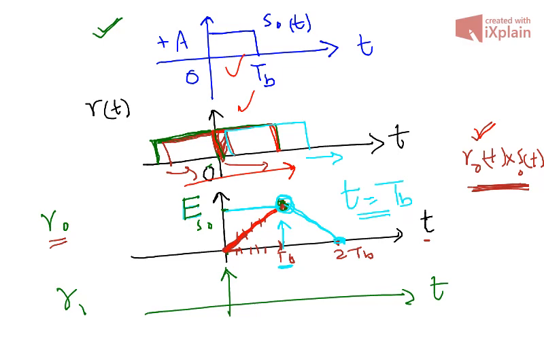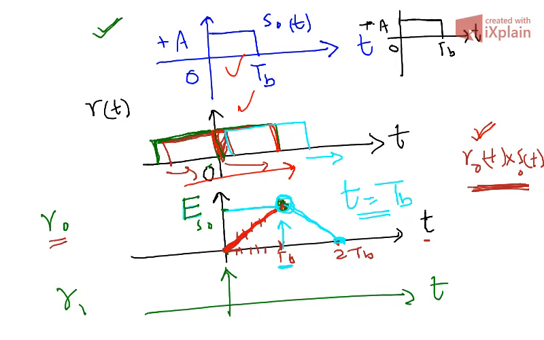Now if you observe R1 in the lower branch, in the lower branch we are multiplying S0. Let me redraw it. For the lower branch I will draw these signals once again.